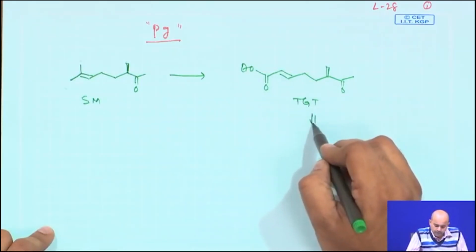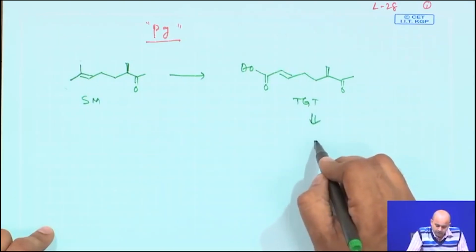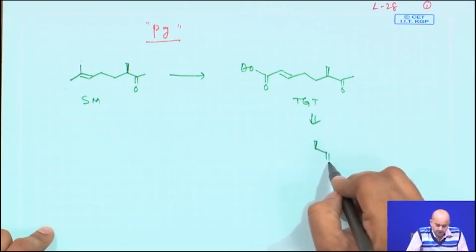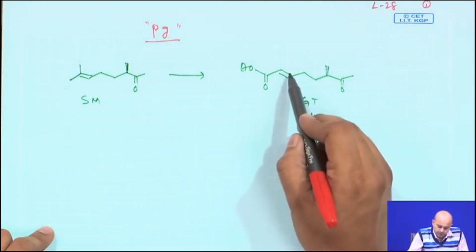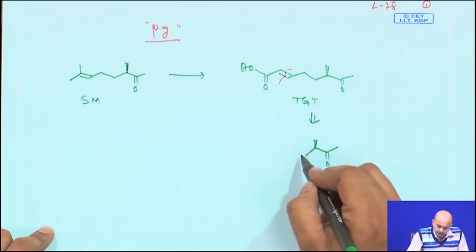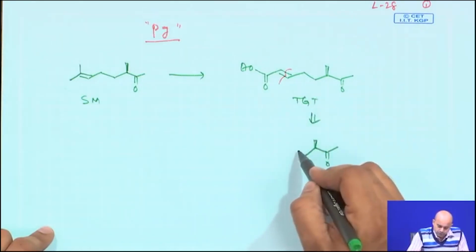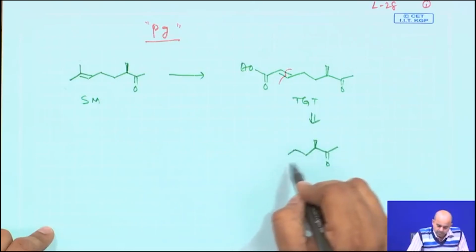We will try to do a retro by keeping all things intact. We are saying that this retro will be done by keeping this bond, by using a CH2 CH2 CHO, by using a Wittig reaction.